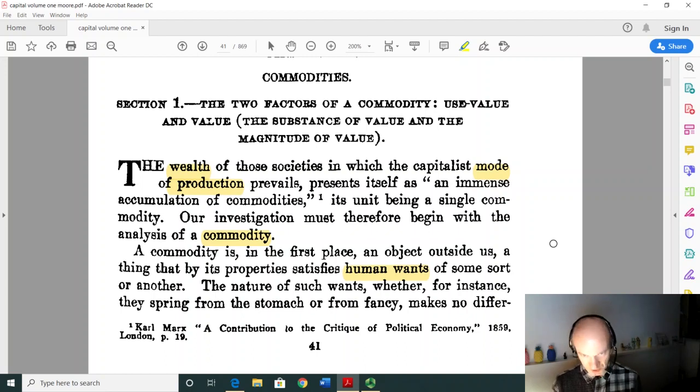The nature of such wants, whether for instance they spring from the stomach or from fancy. So we have two types of human wants. From the stomachs, basically bodily wants. We need to eat, to drink, to sleep. We need some warmth, etc. Or from fancy. Fancy basically meaning the imagination. I think we would use the word imagination here. So we have imaginary wants. That is quite interesting.